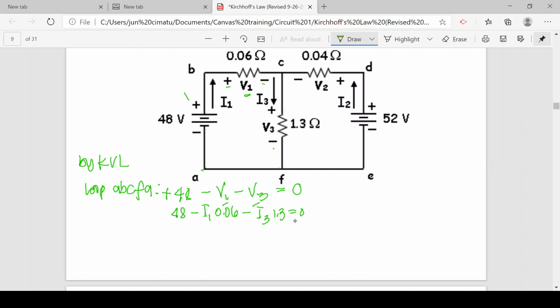We shall place all the unknowns at the left side and the constant at the right side. So rearranging, this is I sub 1, 0.06, its coefficient, plus 1.3 I sub 3 is equal to, and this is our equation.